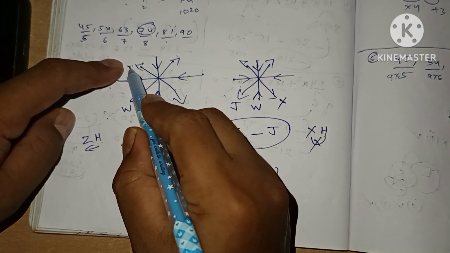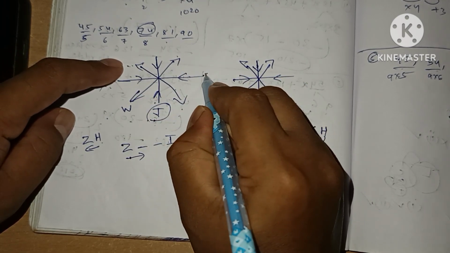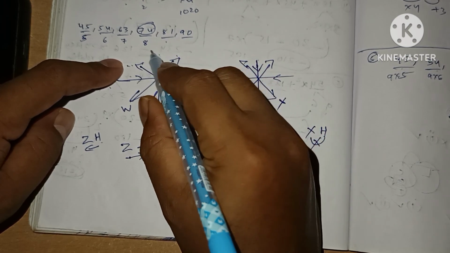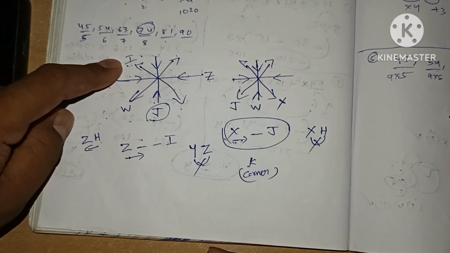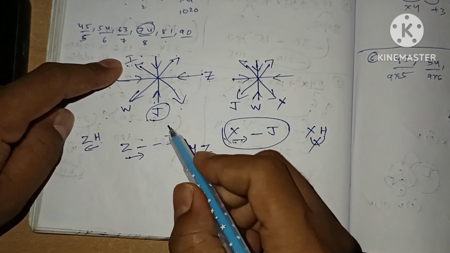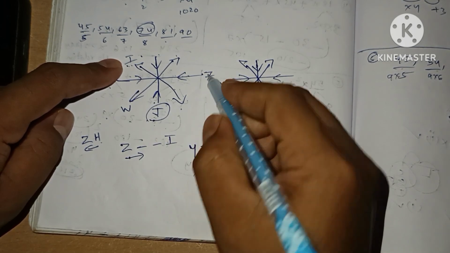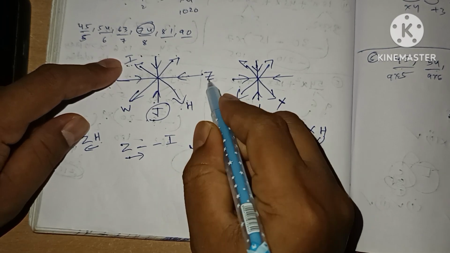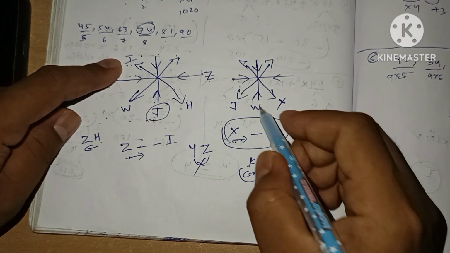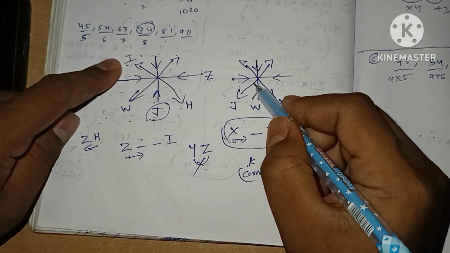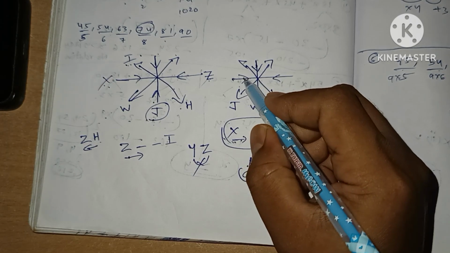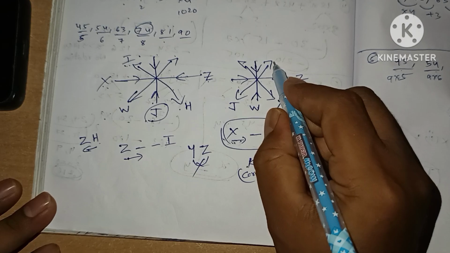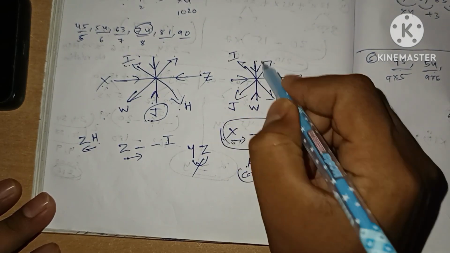If we cannot place Z here, then we can shift here. Z can sit here. Z third to the right, this is Iti's place. Okay. Next, Z is immediate left of H. In this case, if we place Z here, 1, 2, 3, this is the place for Iti.